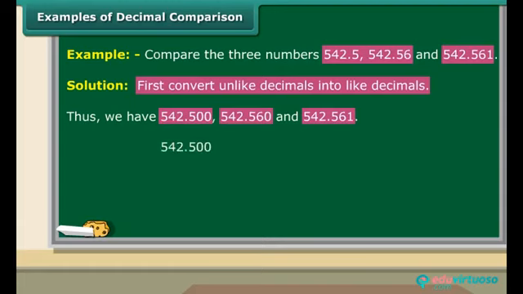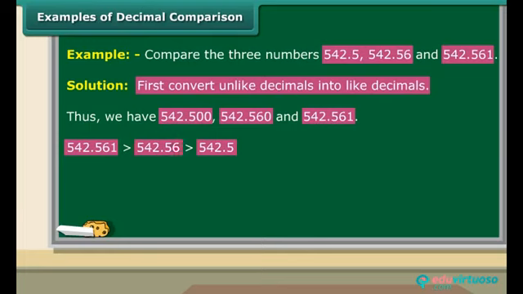The first number represents 500/1000ths, the second number represents 560/1000ths, and the third number represents 561/1000ths. So, 542.561 is greater than 542.5 and 542.56.